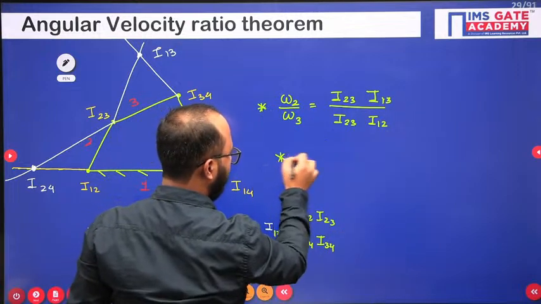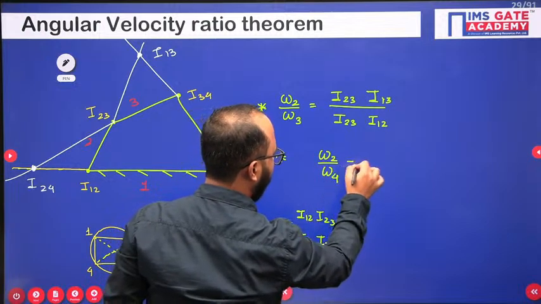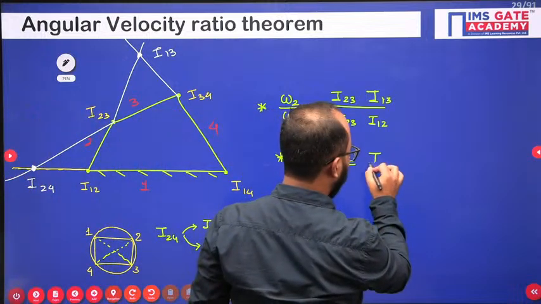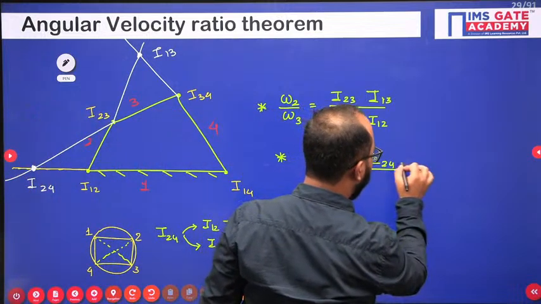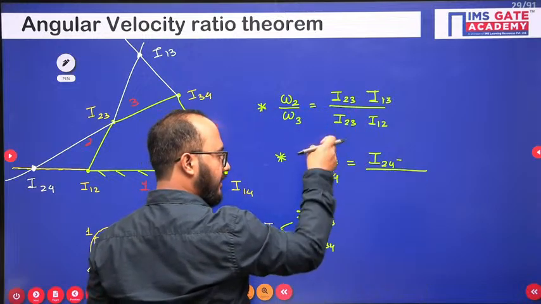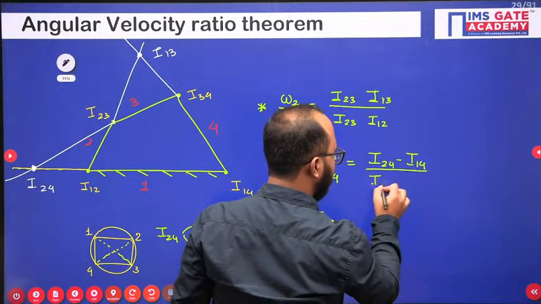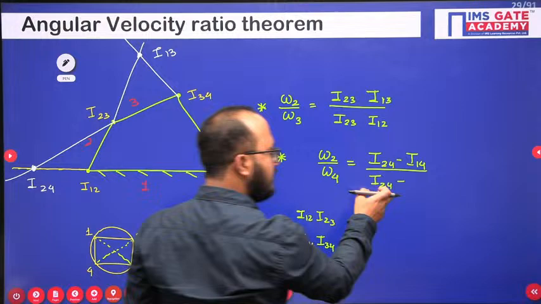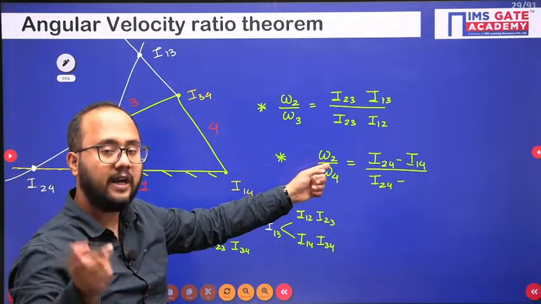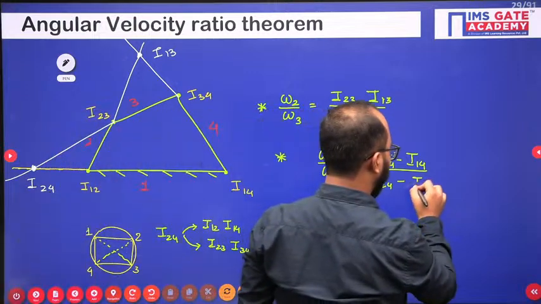Another ratio, let's suppose omega 2 by omega 4. The common I-center is I24. The distance of the common I-center from the I-center of the link in the denominator, that is 4, with respect to fixed, I14. And the distance of the common I-center from the I-center of the link in the numerator, that is 2, with respect to fixed, I12.